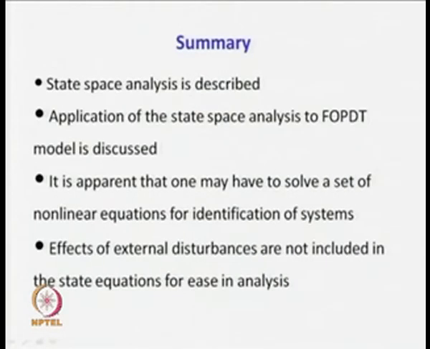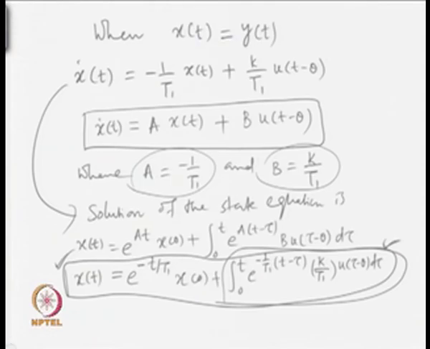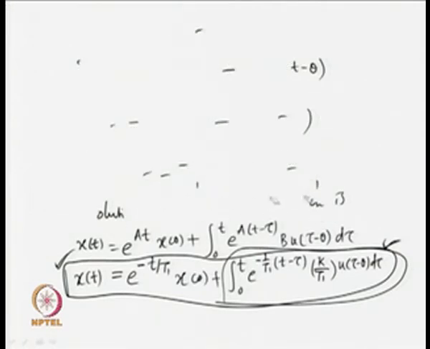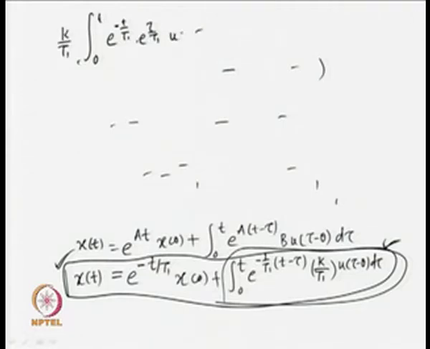When I write the second term, then I get, let us simplify the second term: integration from 0 to t of e^(−t/T1) e^(τ/T1), and let us take out the constant k/T1, and we are left with the term u(τ−θ) dτ over here.